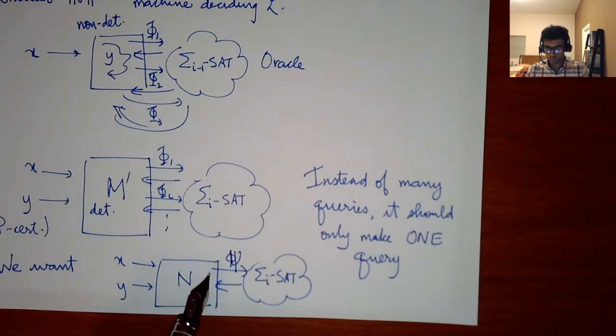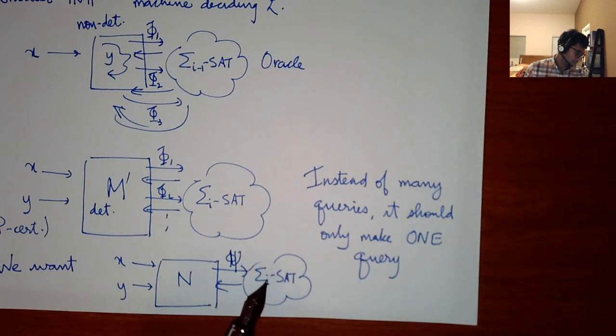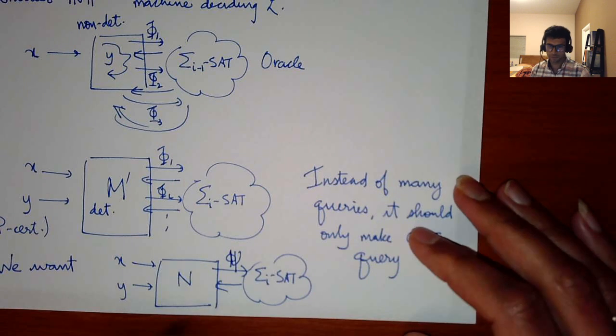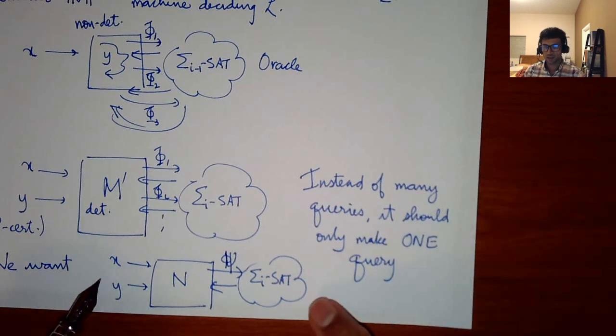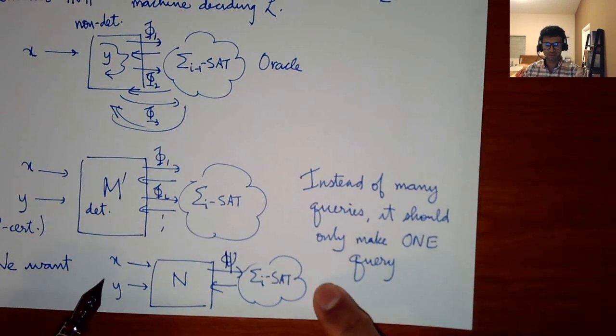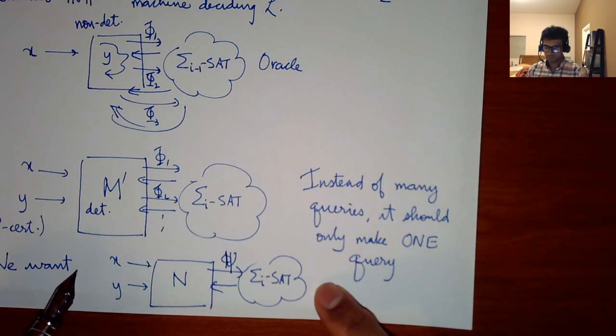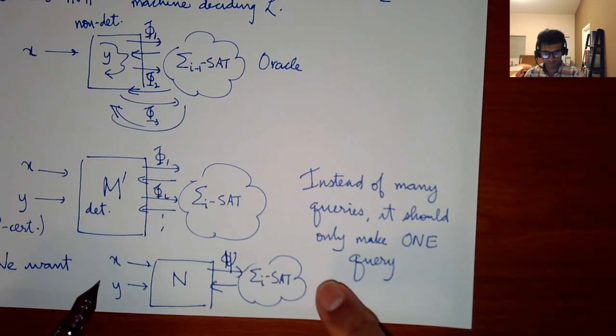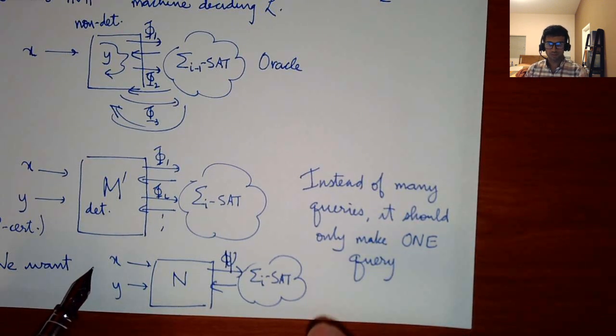Because if it makes this one query, then essentially, okay, let me first go from here and show why it is that if we have this situation, we're done. Why is it that if we have this situation, we are done?